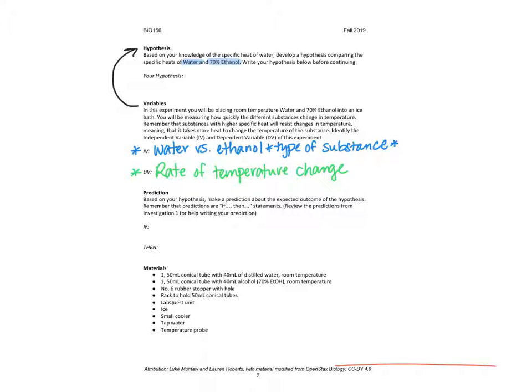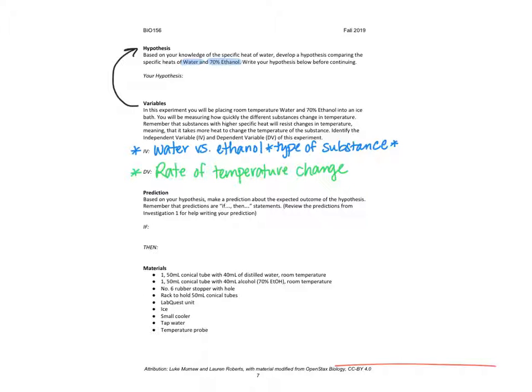So typically, you can follow almost like a little bit of a formula in order to develop a hypothesis. And this formula isn't going to work for every experiment that you do, but it works for this case, and it'll work in a lot of cases.